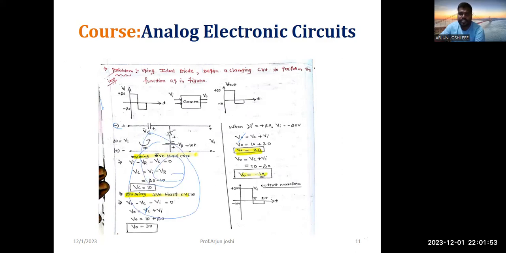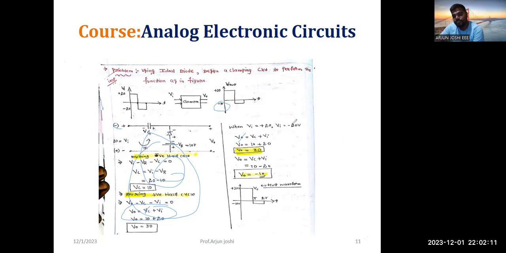Another method: we know the equation V naught is equal to VC plus Vi.